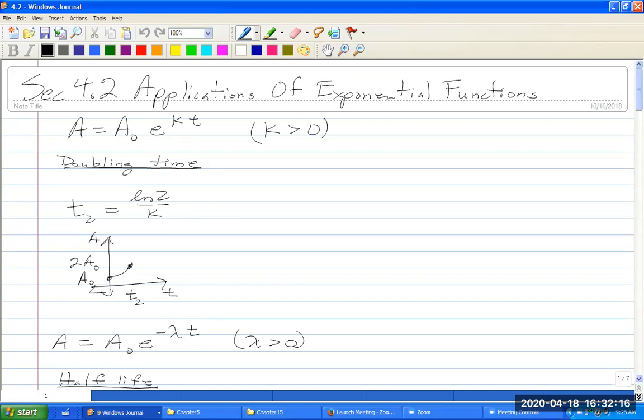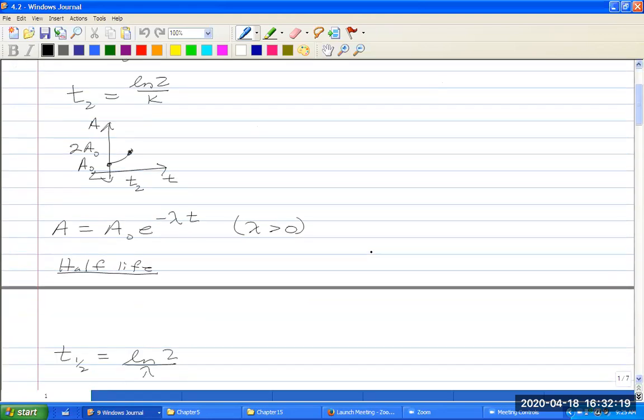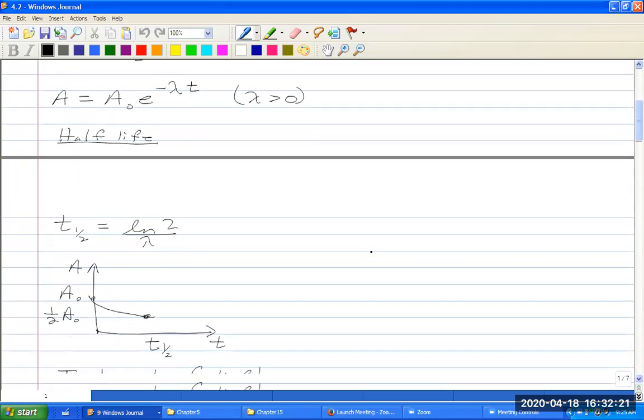Suppose instead we have exponential decay. A = A_0 e^(-λt), where λ here is greater than 0. Then I define the half-life as follows. It is the amount of time it takes for half of your substance to decay to a size of 1/2 the original amount.